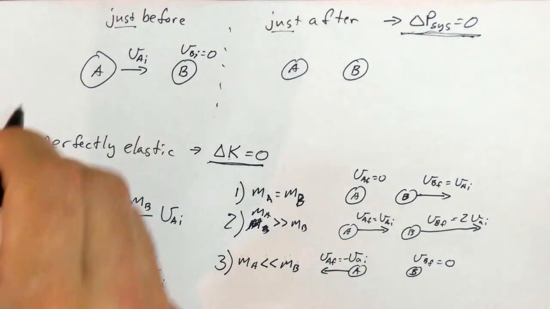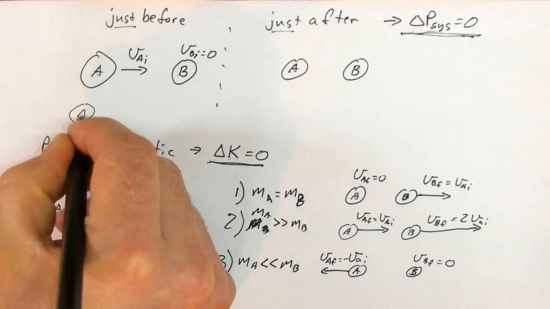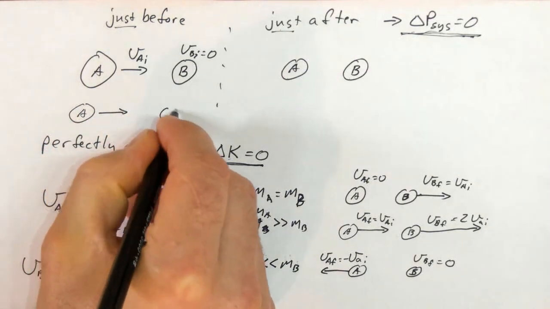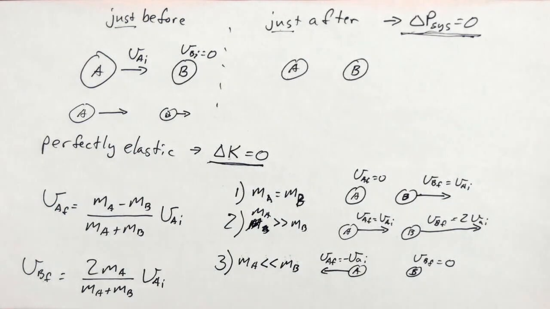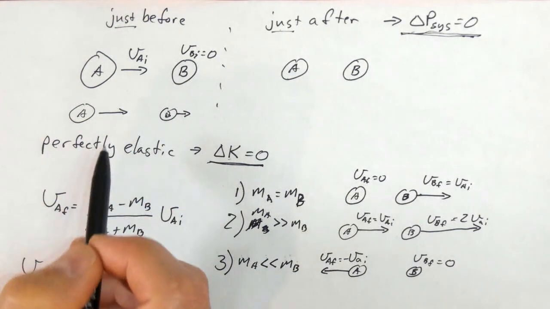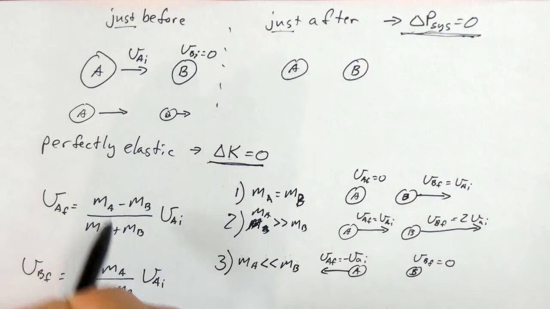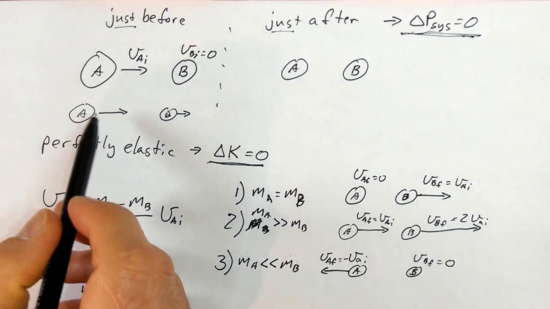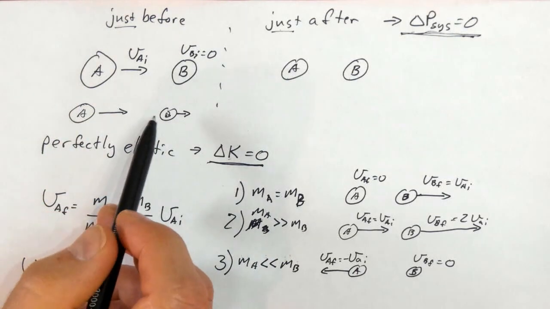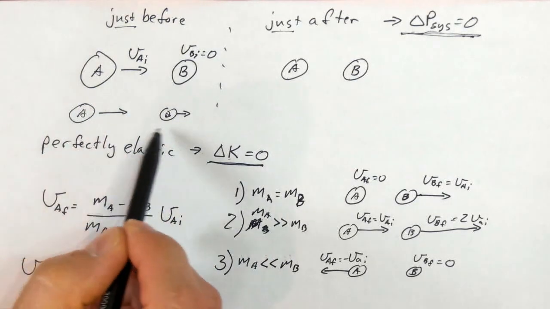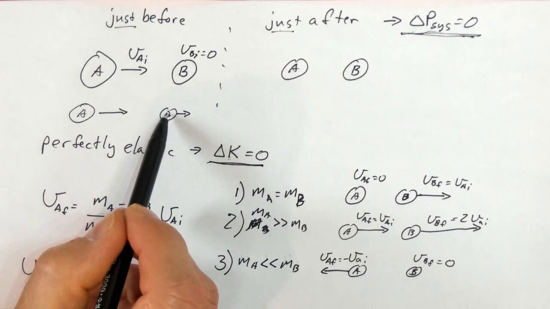So what if we do have a situation where B is moving? Let's say it's moving a little slower. It'd have to move slower in order for them to collide. What if we have something like this? Well, we can't apply these equations, at least not as they are. But we've seen before about reference frames. And I could choose a reference frame with respect to B, meaning I'm going to measure everything relative to where B is.